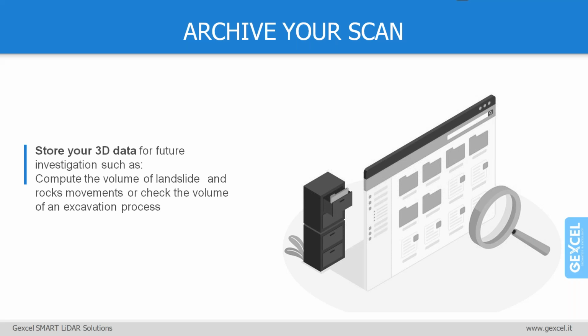The laser scan data is also saved and available for further analysis and measurements, as well as easily exportable to other applications. It is also possible to compute and compare, for example, the volumes of the moved material, and extract scan profiles and contours.